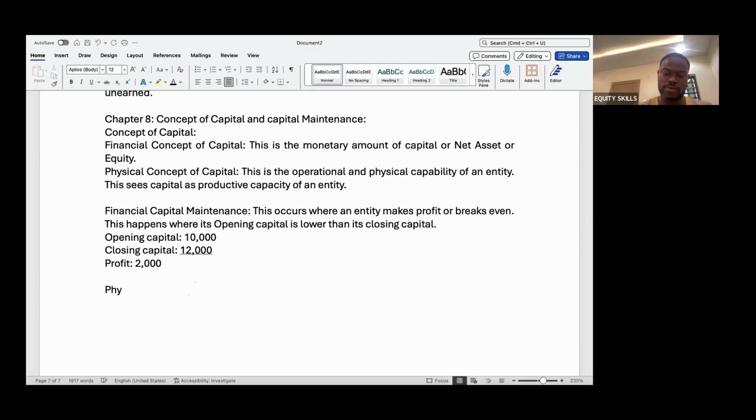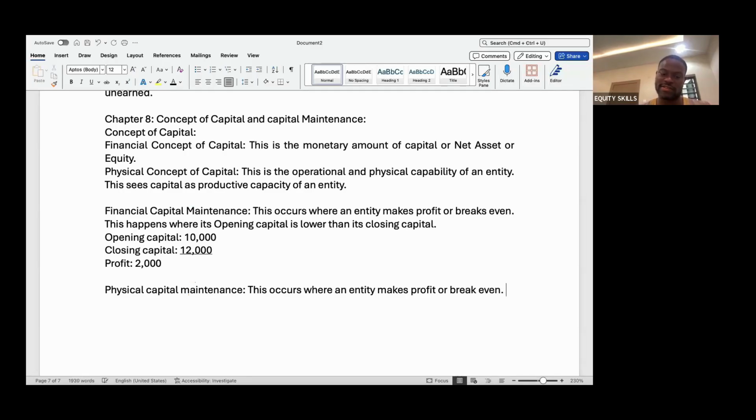But for physical capital maintenance, this also occurs when an entity makes profits. Yeah, capital maintenance is about making profit or breaking even for either of the two.